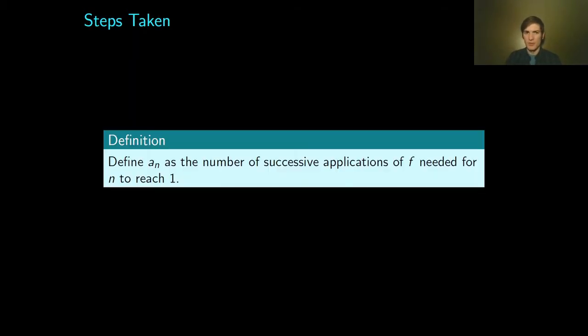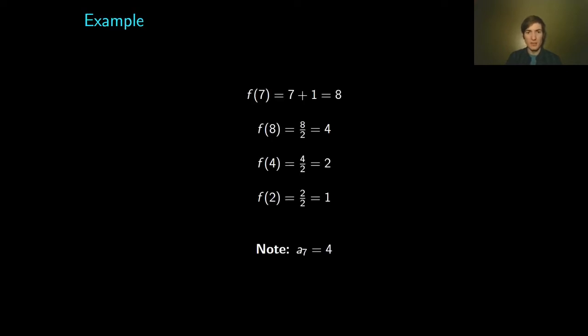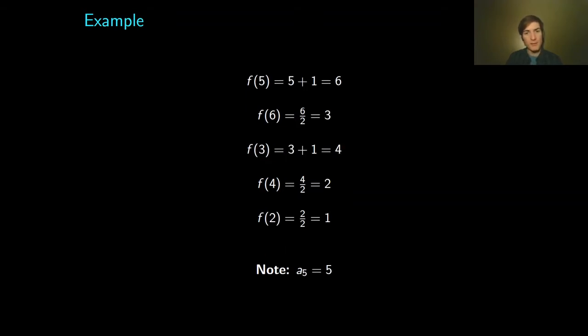For example, in a rigorous definition, let's let a_n be the number of successive applications of f needed for n to reach 1. So in our examples, we see that a_7 is 4, as there are the 4 listed steps to bring 7 to 1, and a_5 is 5, as the 5 listed steps. So not terribly complicated.